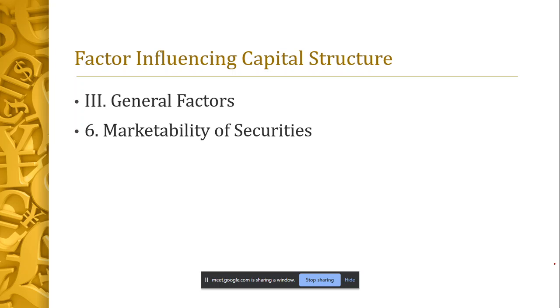The corporation watches changes in the market, and this also happens because of the psychology of the investors, and because of that they consider the marketability of the securities very carefully in planning new securities.